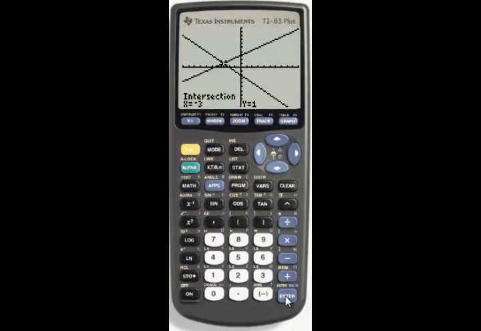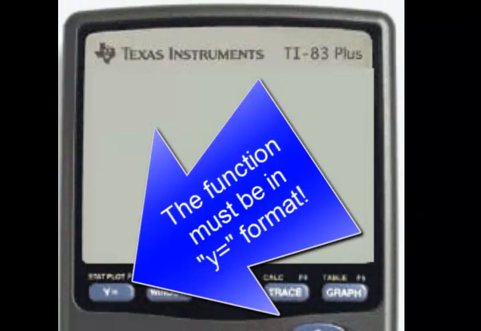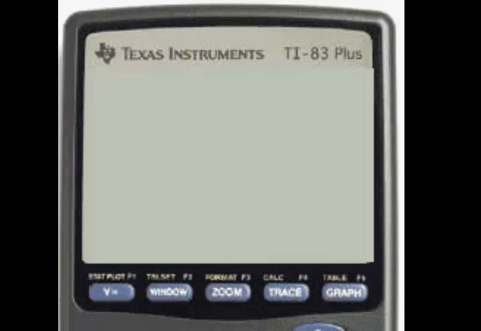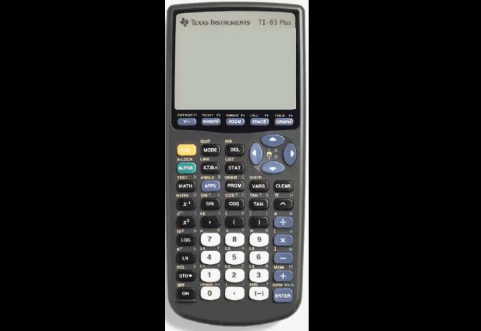However, there are some drawbacks even to the calculator. One of the drawbacks is it has to be in y equals format. You're hitting the y equals button. It has to be in slope-intercept form. If it's not in slope-intercept form, it'll screw up. If it's not, you will have to do some extra work ahead of time in order to get into slope-intercept form, so that you can hit the y equals button and graph it.